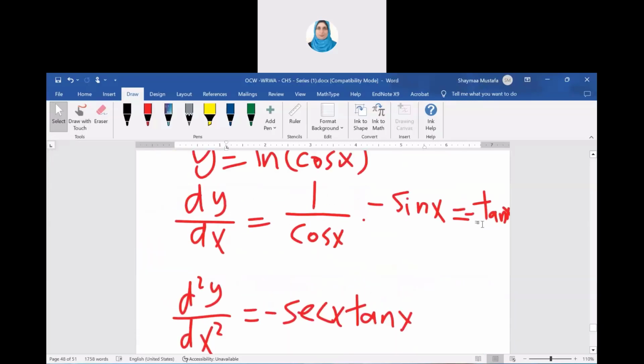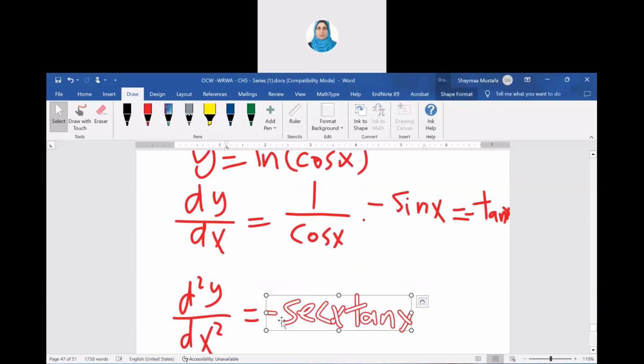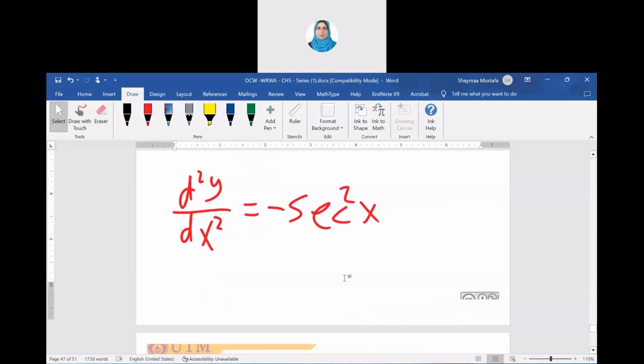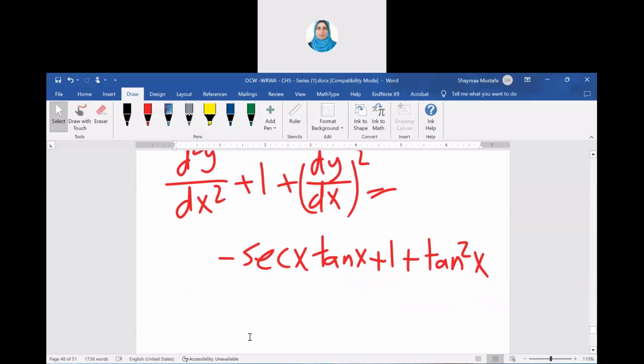Sorry, I think here the derivative for tan is sec squared. Sorry, this one is incorrect. The derivative for tan is sec squared, so you have minus sec squared here. The derivative for sec is sec tan, but the derivative for tan is sec squared. So we have minus sec squared. This one also we need to correct.